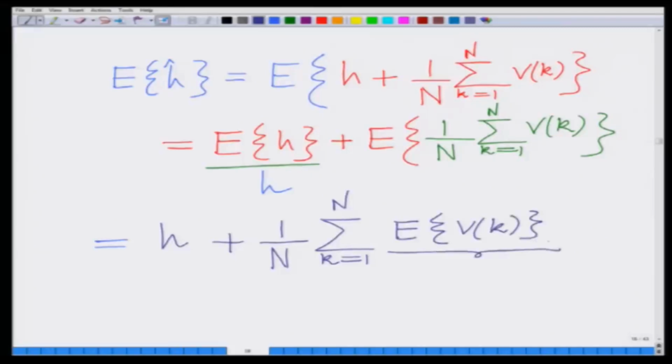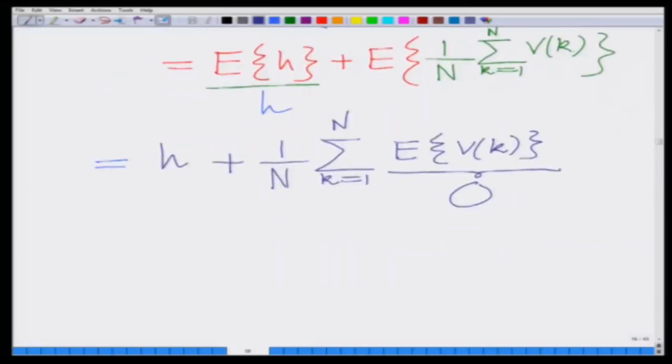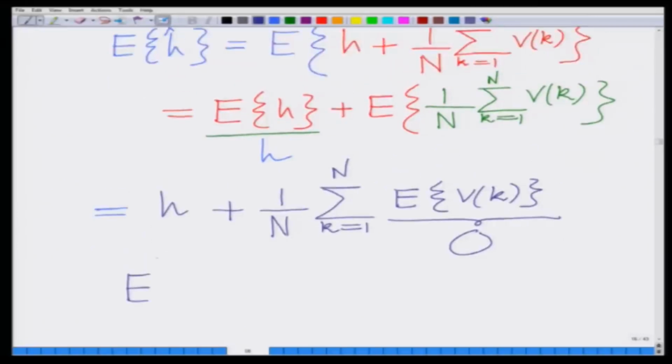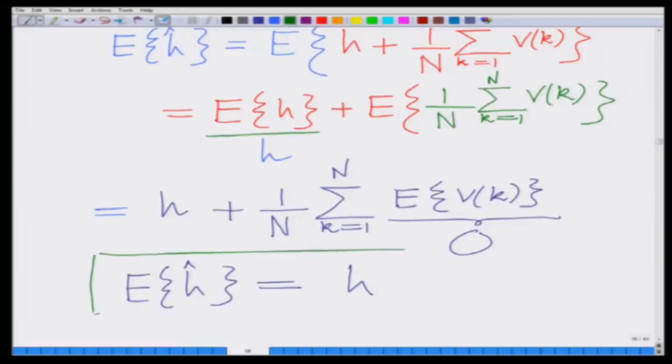Now, remember we said the noise is 0 mean. So, expected value of each V k equals 0. Therefore, net what we have is that the expected value of h hat, that is the average value of the estimate, equals h, and this is a very important property.